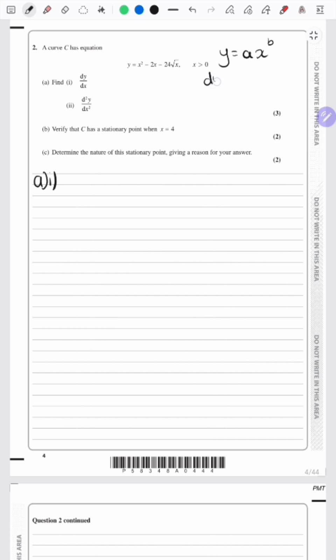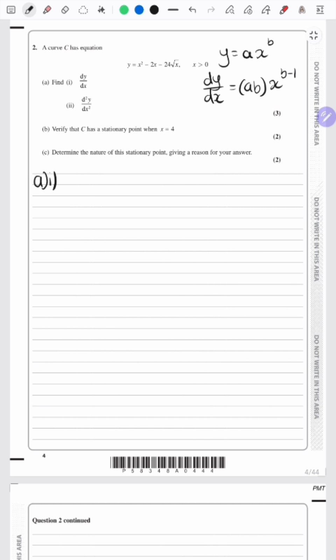The derivative dy over dx is always, we multiply the coefficient by the exponent, so we will get a multiplied by b, x, and then we reduce the exponent by 1. So we get a multiplied by b, x to the power of b minus 1.